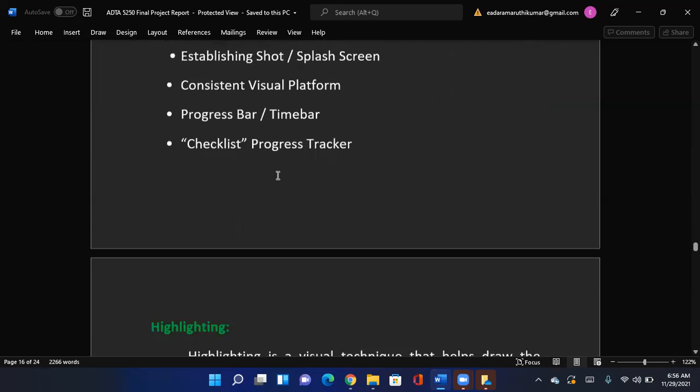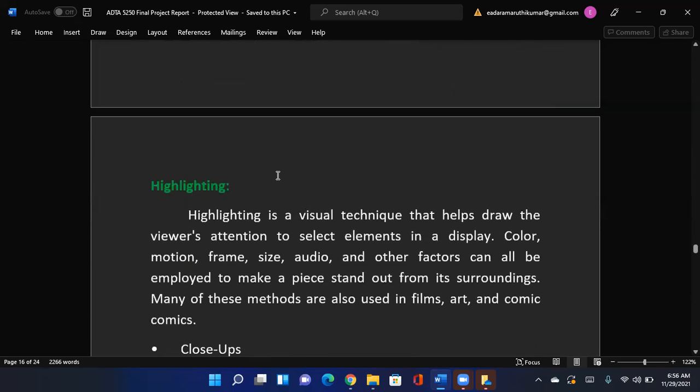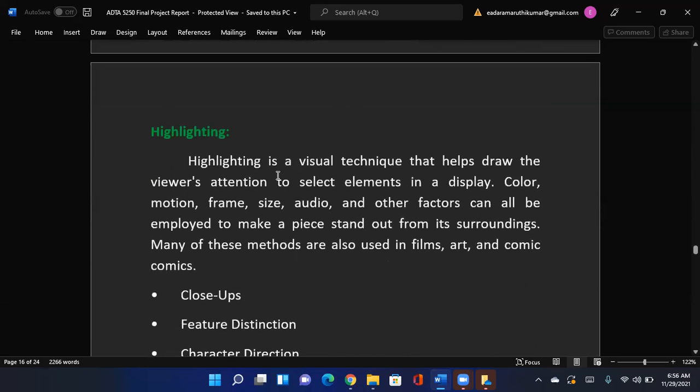After visual structuring, we need to highlight, right? We need to decide what things we need to highlight for viewing. For some people, seeing those highlighted things will attract them. Highlighting is a visual technique that helps draw the viewer's attention or select elements in a display.